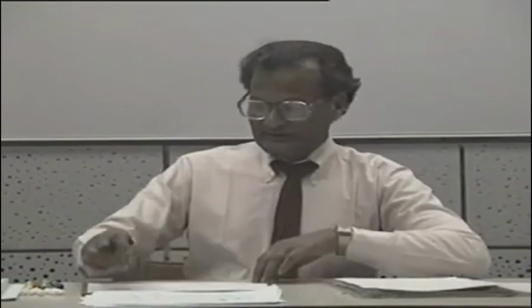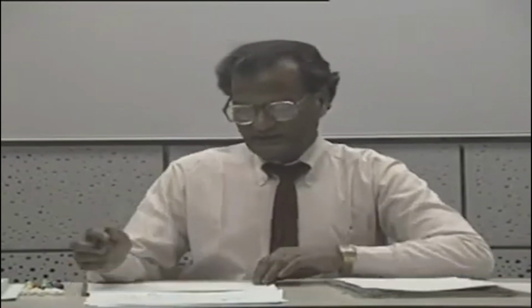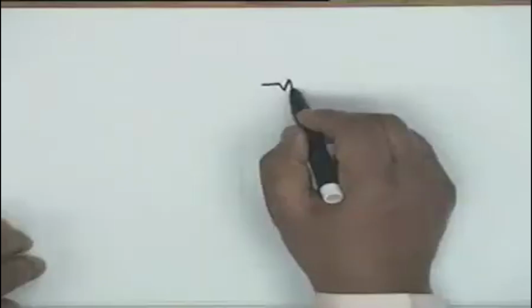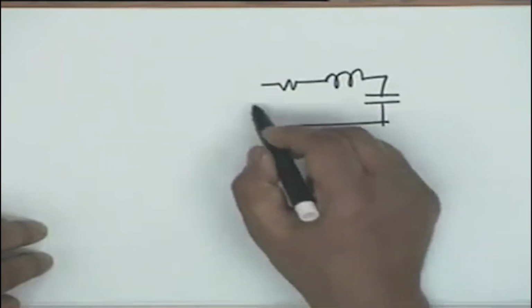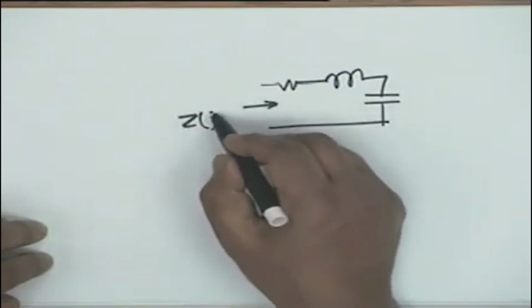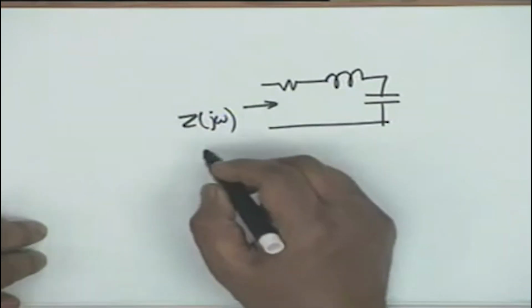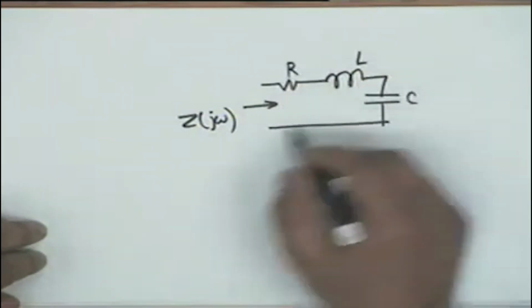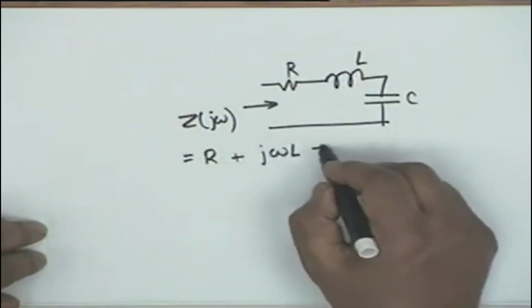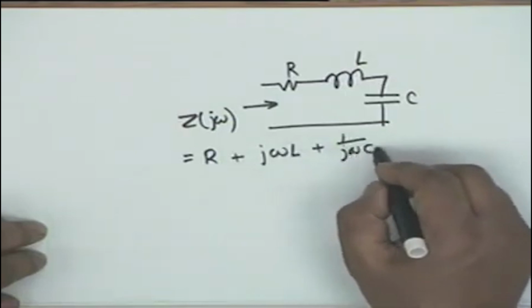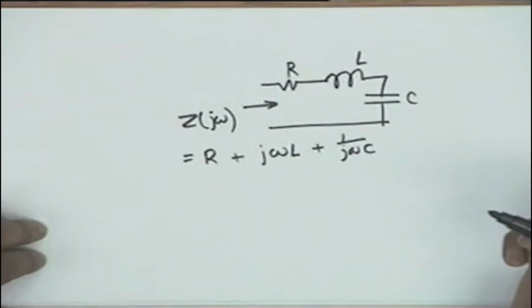Okay, now as I said, once we define impedance for sinusoidal excitation, we can combine impedances exactly in the same manner that we did for e to the st excitation. For example, the impedance of this combination Z of j omega would be equal to R plus j omega L plus 1 over j omega C. So you simply sum up the impedances.